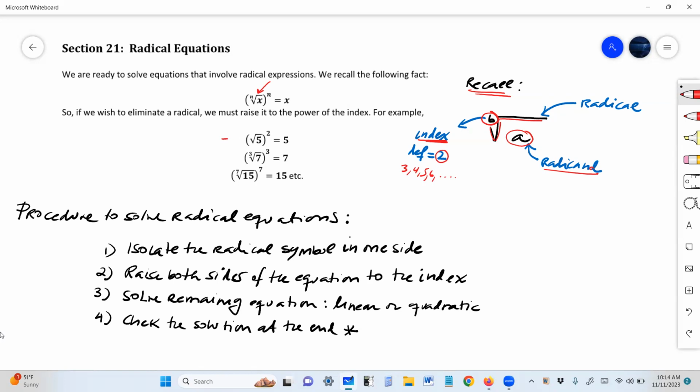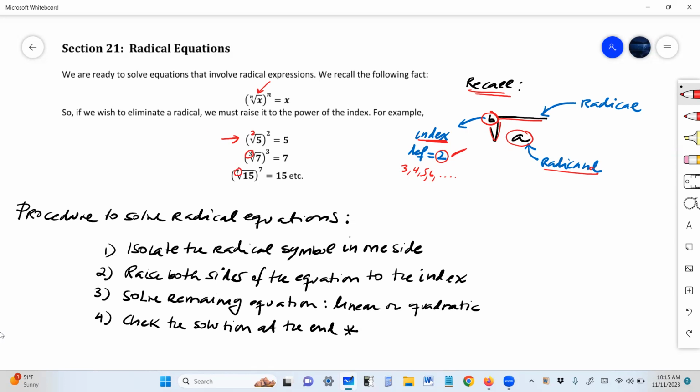Take a look at these 3 examples here. In this case, I have radical 5, and because there is no index visible, the default is 2. So there's an invisible 2 right there. Any other index I have to specify. So this is an index 3, this is an index 7.